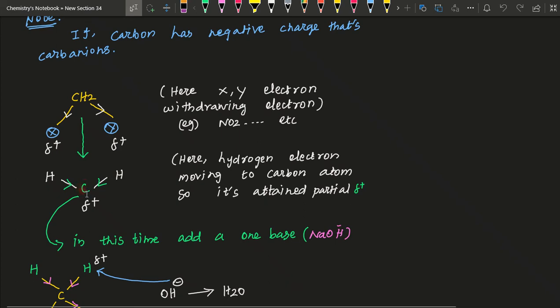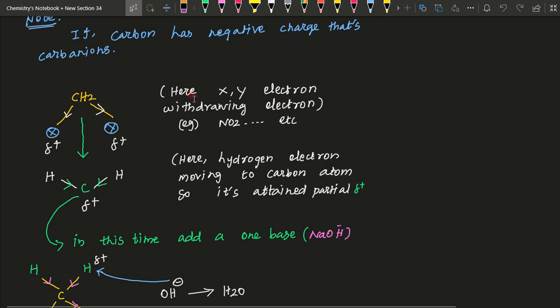So this carbon again attained partially positive charge. In this time add a base. We know that base is OH minus.